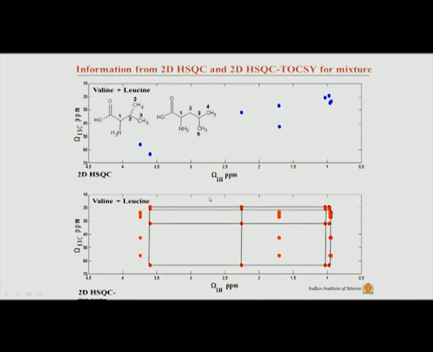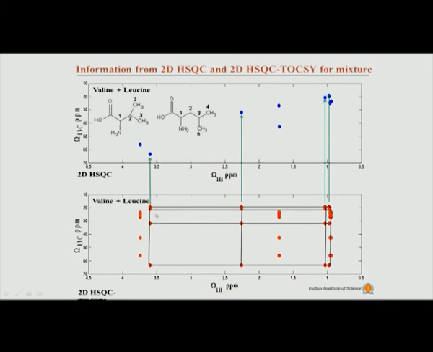Now, if you look at this picture, I have joined the lines corresponding to a given spin system, meaning all these red peaks show correlations to each other. This whole spin system, this vertical line, belongs to one molecule. Similarly, this line belongs to one molecule. So, this is like a TOCSY, but now the horizontal lines are carbons and the vertical lines are protons.